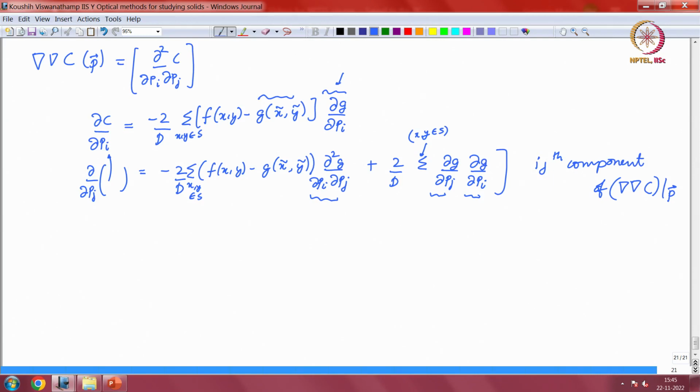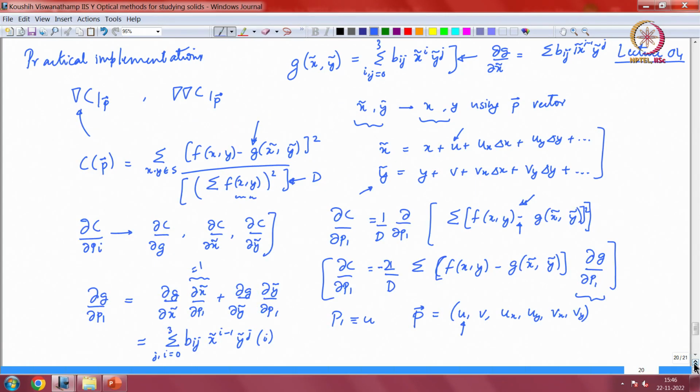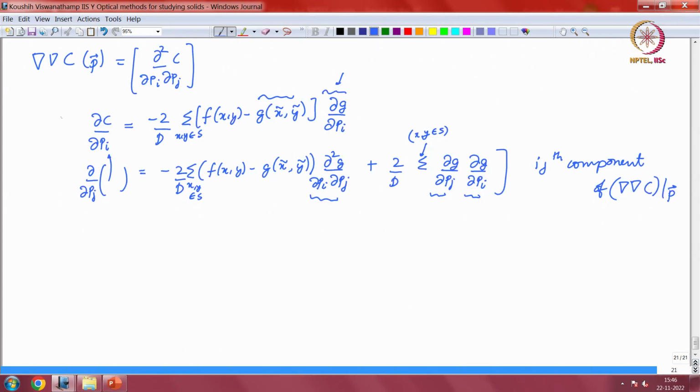We know how to evaluate grad c from here, each of these components. We know how to evaluate the Hessian from here with each of these components, and the iterative scheme needs only these two matrices. So, once you have these two matrices populated for a given value of p, you can just put it into the iterative scheme, get another p and keep repeating this process.